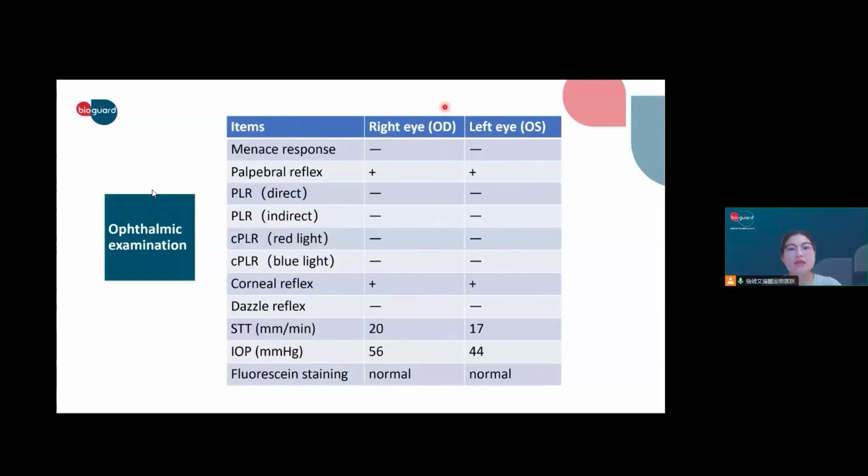The direct and indirect pupillary light reflex and dazzle reflex were also absent. That means this dog was really blind. All of these vision-related tests were negative, so we know that he was blind.